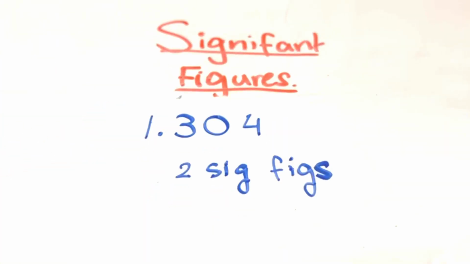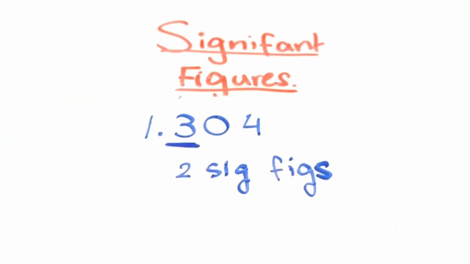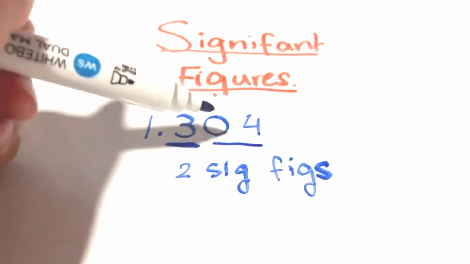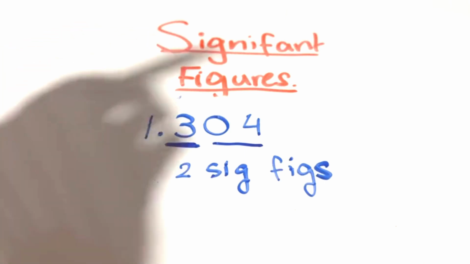So if we want to round a number like 1.304 to 2 significant figures, we're going to look at this 3 because this is the second significant figure. And then from here, we're going to make sure that all of the numbers behind it are insignificant.